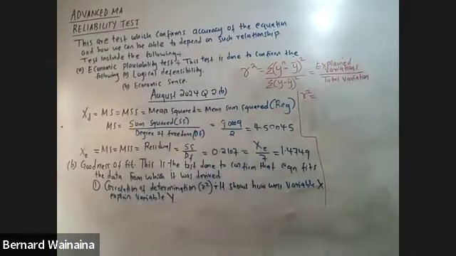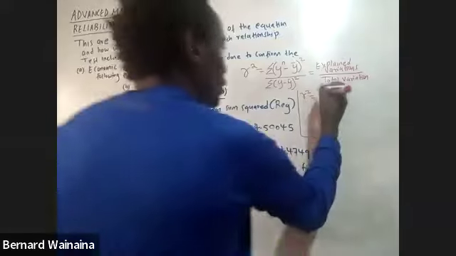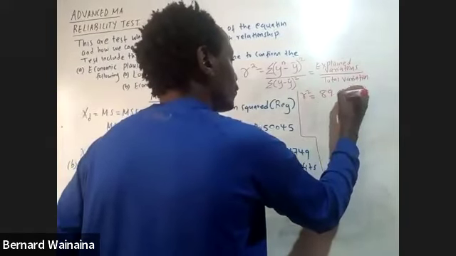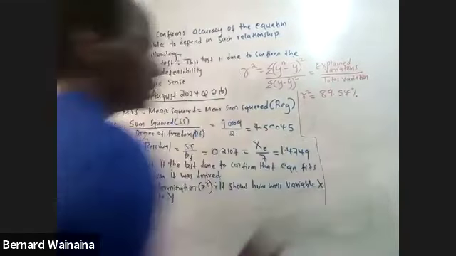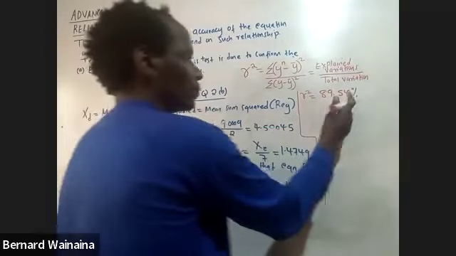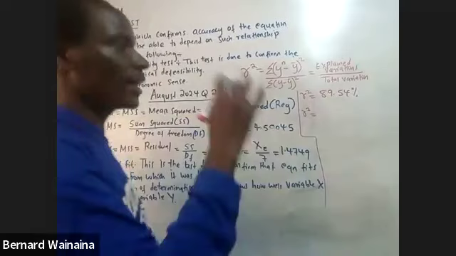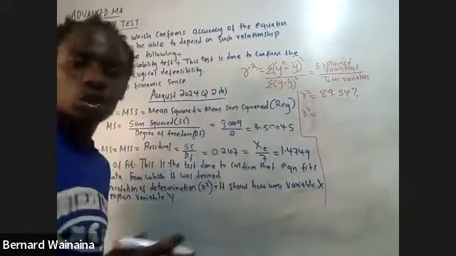It is 89.54%. Now assume we had not been given it. So how do we get it? It is the explained variation over the total.